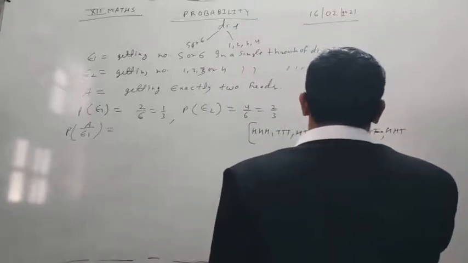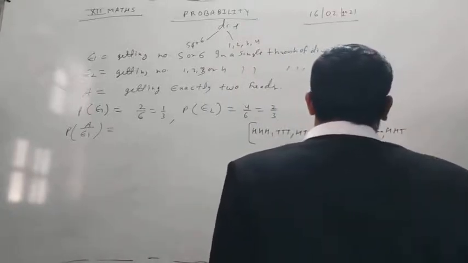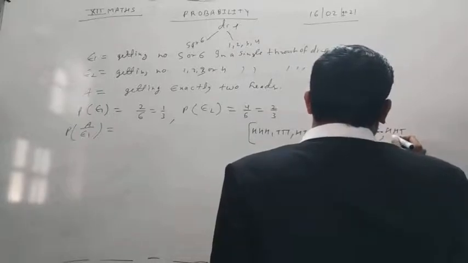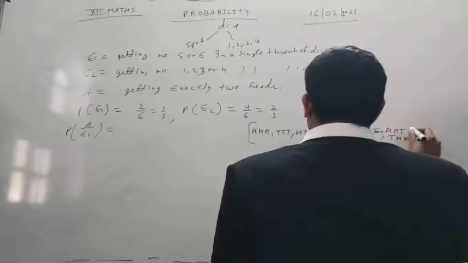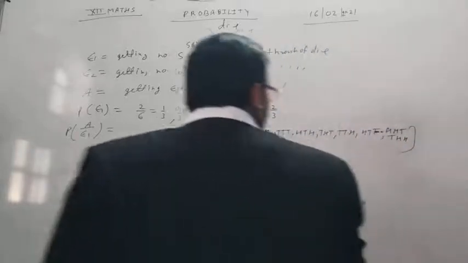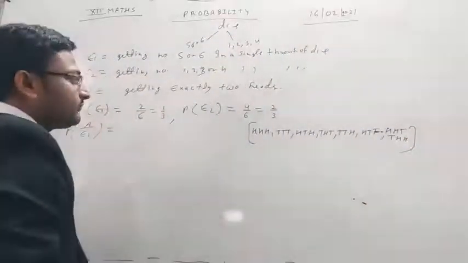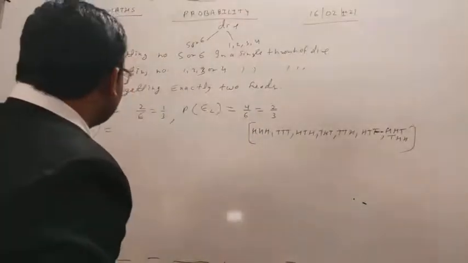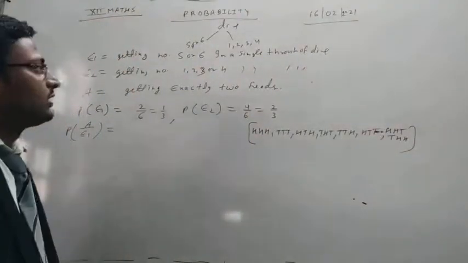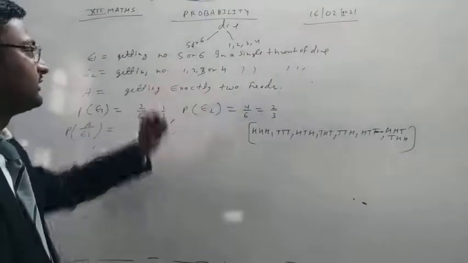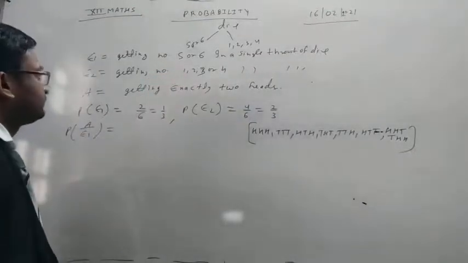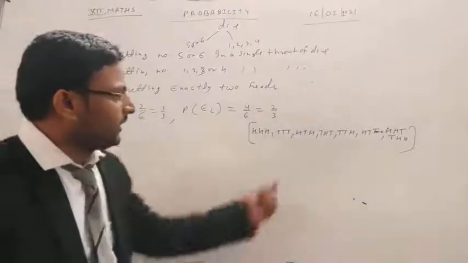1, 2, 3, 4, 5, 6, 7. Okay students, and the last is THH. So these are the outcomes when she gets 5 or 6 in a single throw of the die and throws 3 coins.